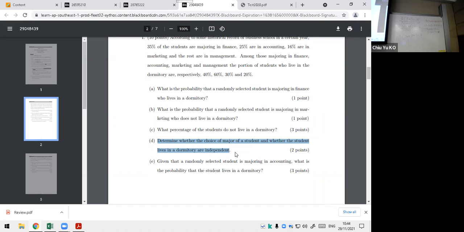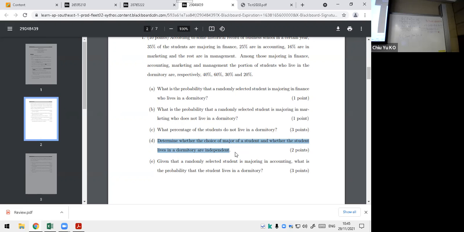This is the two-part, so that's required to do the Bayes rule. Remember Bayes rule is the following: probability that it is accounting and DOM, is probability of accounting given DOM times DOM.